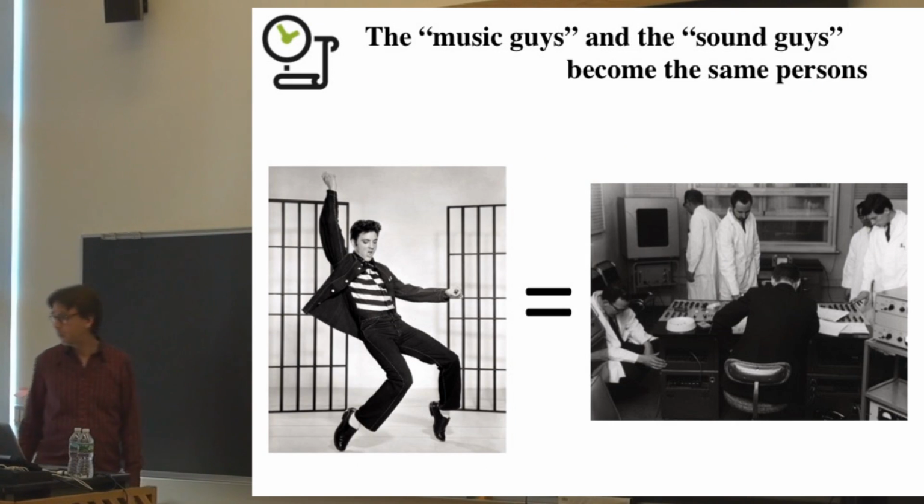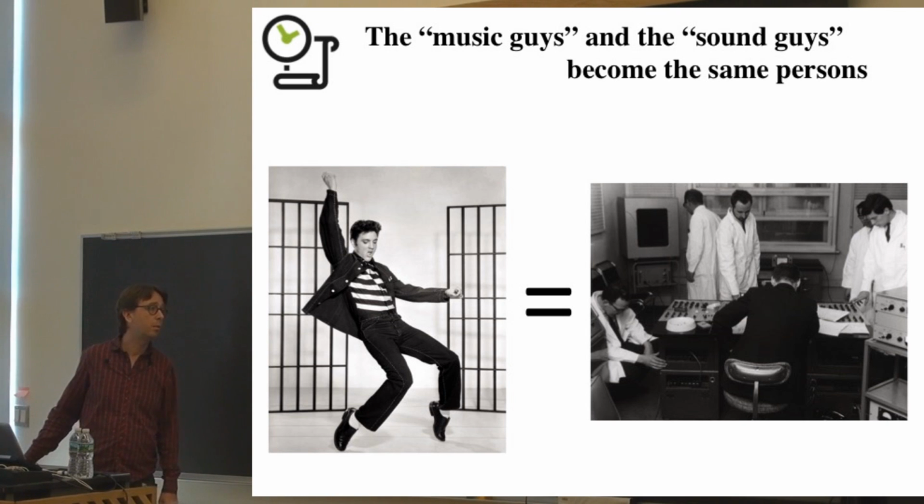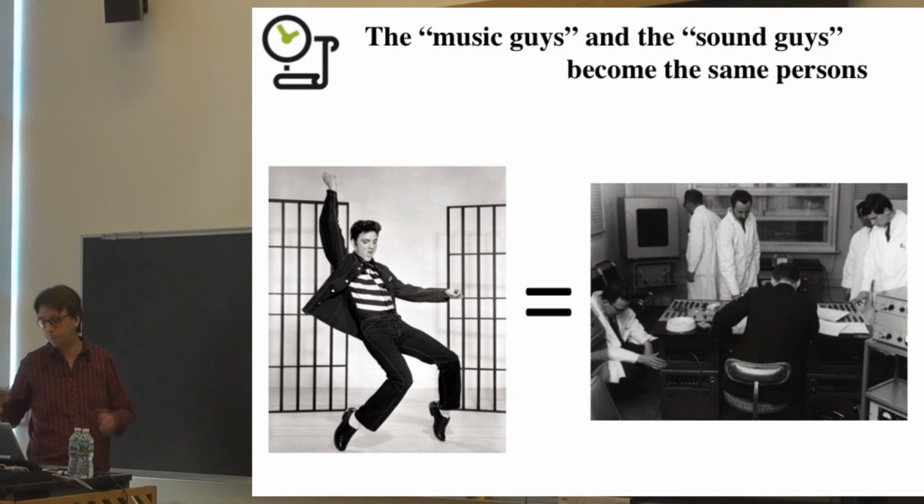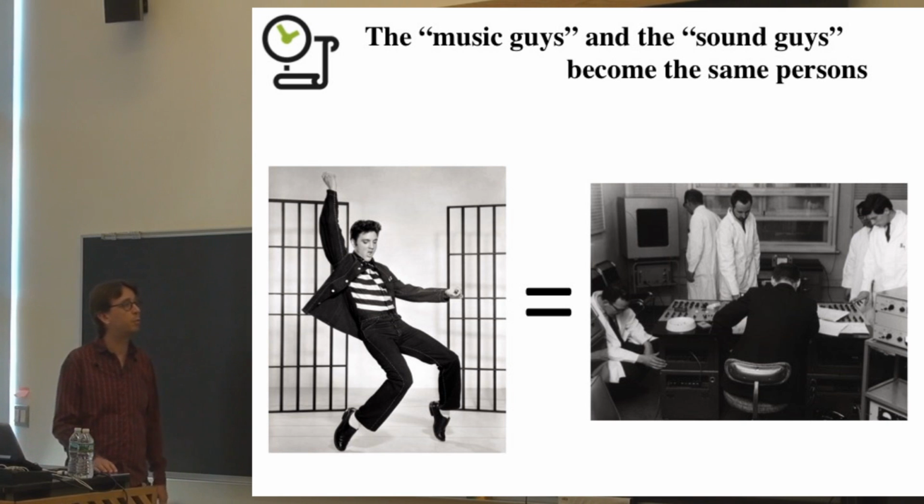Nowadays it's very difficult to distinguish one from the other. We've got laptop computers which are as powerful as the Abbey Road studios back in the day. You sit in front of your computer, you do music with Pro Tools or anything else, and you do the work of both a producer and a musician.